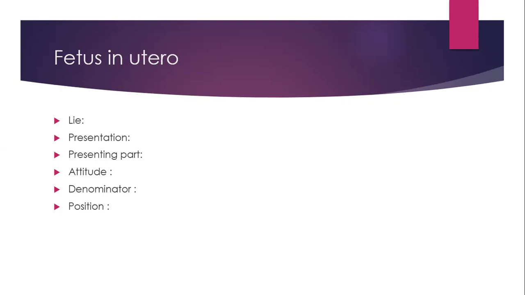If we talk about cephalic presentation, the head is the presentation. But cephalic presentation itself has multiple presenting parts. For example, vertex might be a presenting part, brow might be a presenting part, face might be a presenting part.